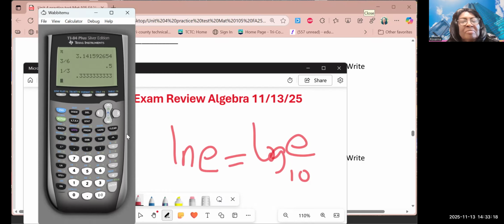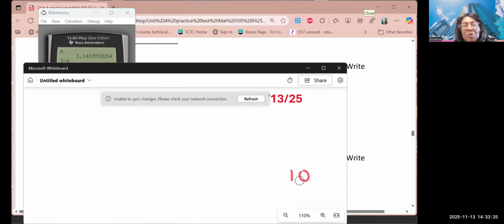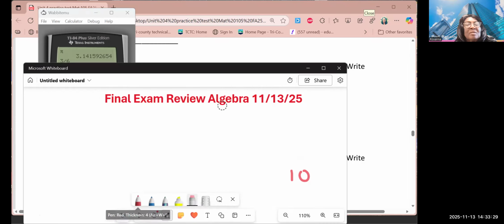Okay, let's continue with logarithm. We're just making sure that the things we did in Unit 1 are covered. The final exam is cumulative, like I said before. So now the question here is the natural log of the 8th root of e to power 6.